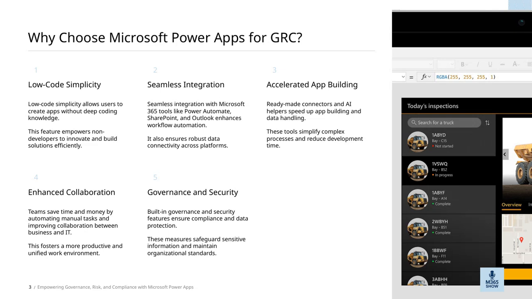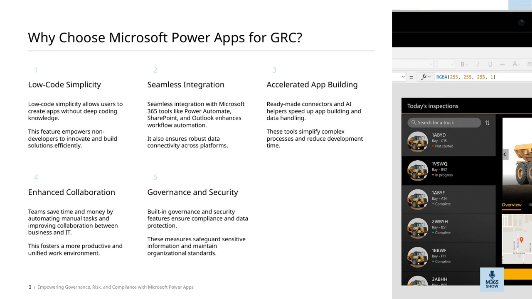Let's talk about why Microsoft Power Apps is a great choice for governance, risk, and compliance. First, it offers built-in governance and security features that help us stay compliant and protect our data. These measures are essential for safeguarding sensitive information and ensuring we meet organizational standards. Next, automation plays a big role in saving us time and money.